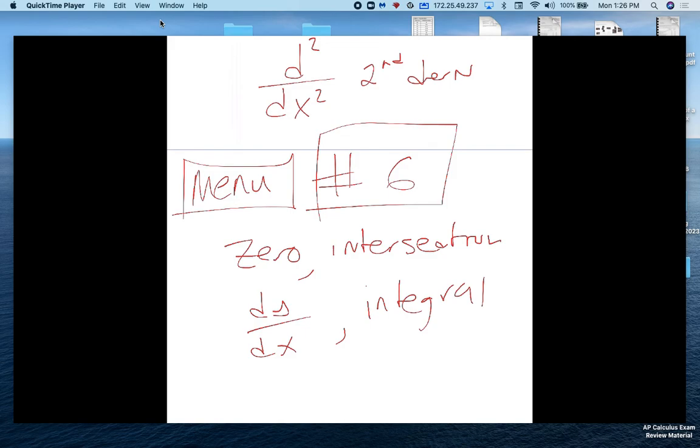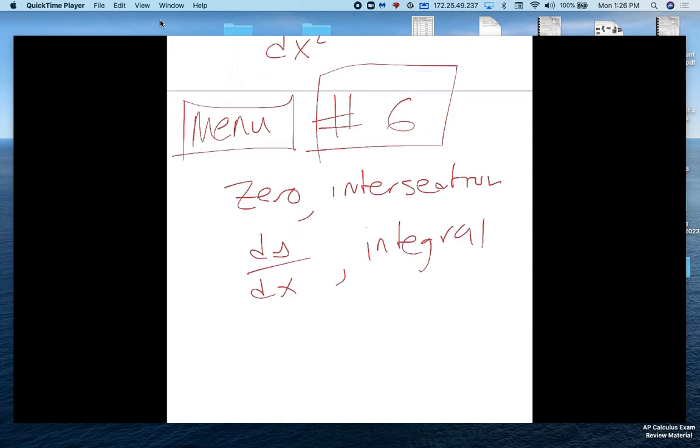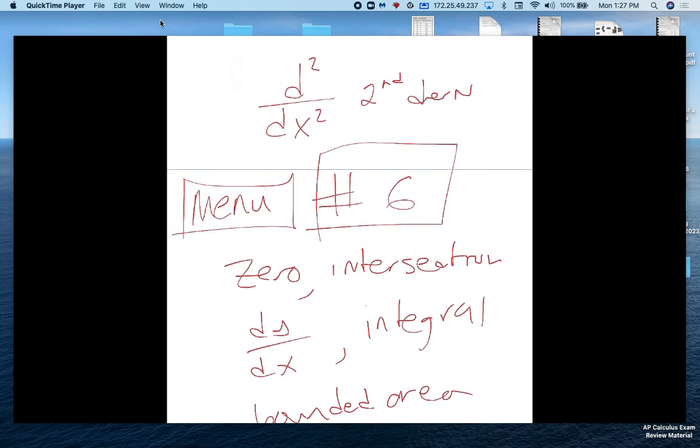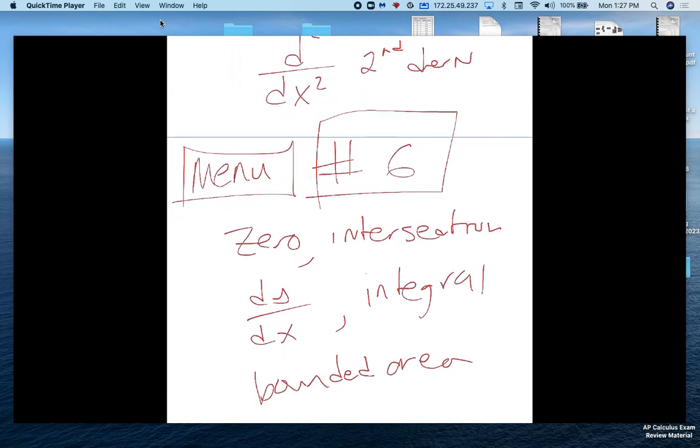Eventually, we will do a bounded area. So analyzing the graph is a really important thing. All of those things are super important, and you're going to be able to use a lot of those in the assignment today.